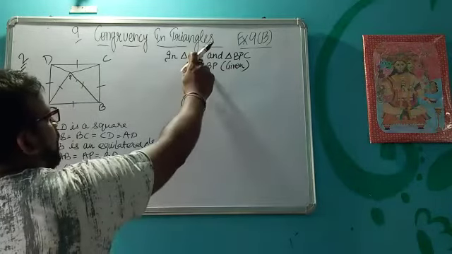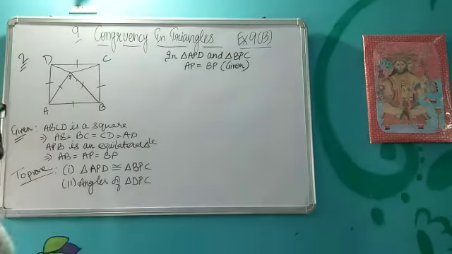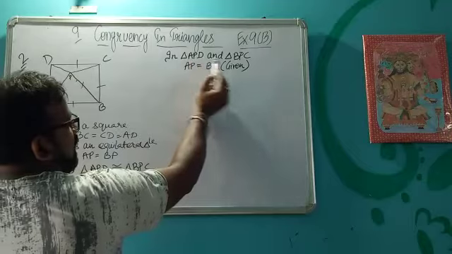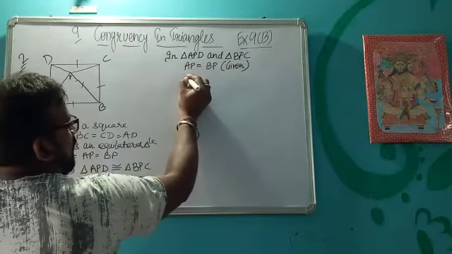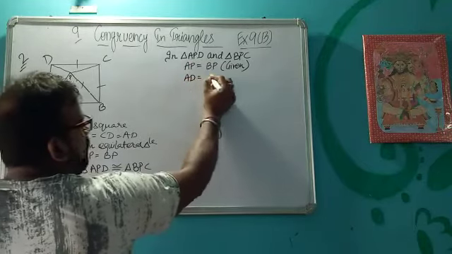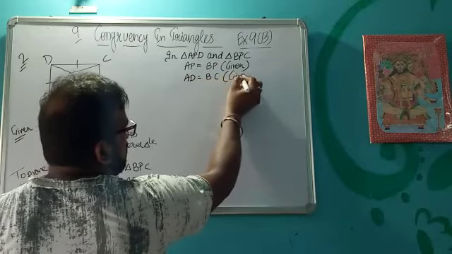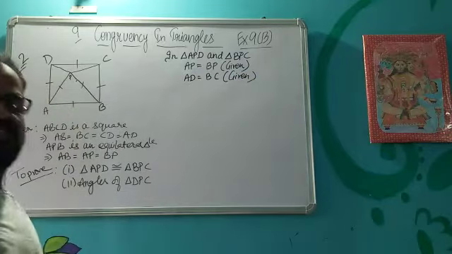Then PD equal to PC is not given to us. Then we check the other side, AD and BC, so we can write AD equal to BC, and again I will write given. So now I have two sides equal to each other.